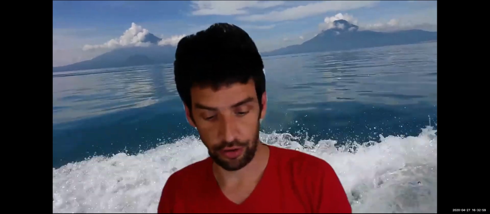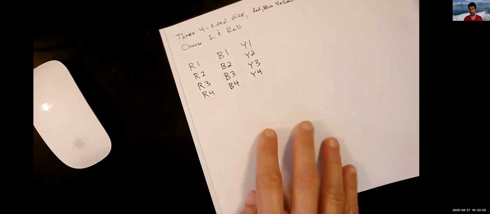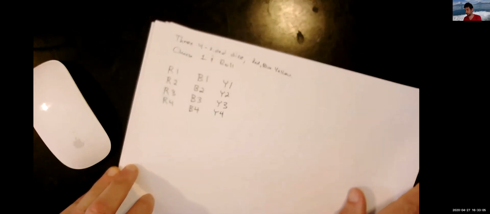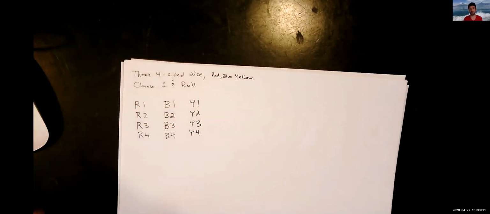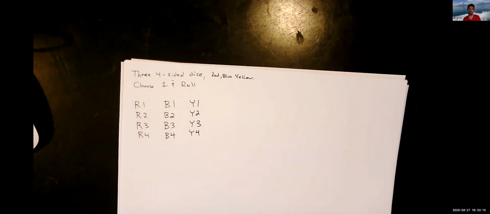Okay. So I started by considering the following experiment, and I've already written out the experiment in the sample space. It's a smaller version of one I showed in a previous video. So imagine I have three four-sided die. They've each got the numbers 1 through 4 on them. There's a red, a blue, and a yellow.